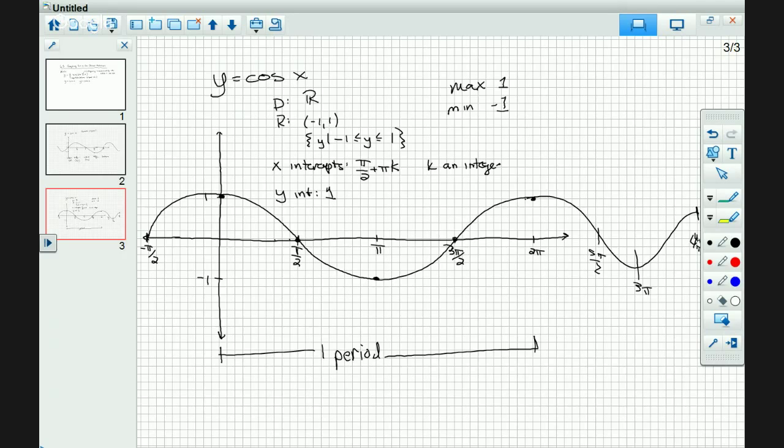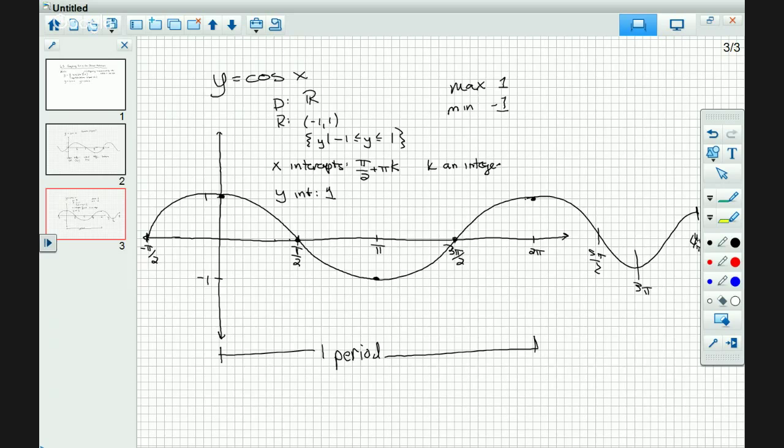Are we good? I think everything is clear as mud, right? Yeah, I think you could probably handle the rest. I haven't mentioned it, but if I said, where is cosine negative 1, what would you say?